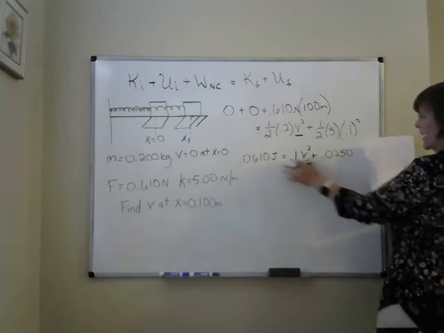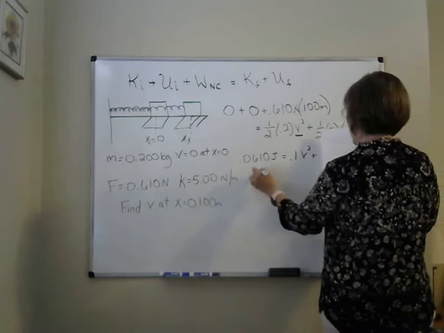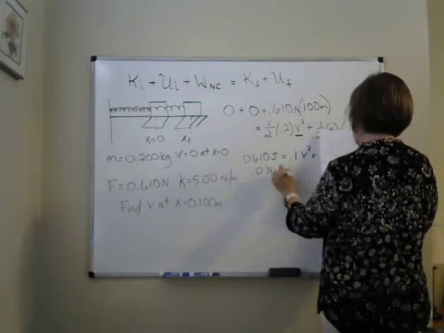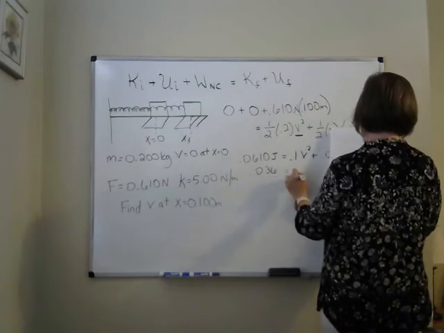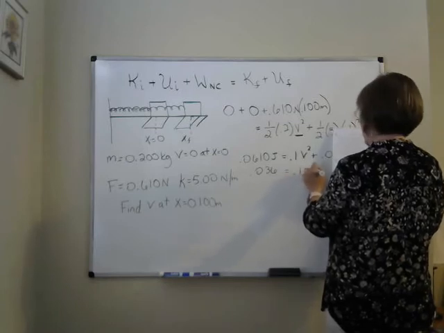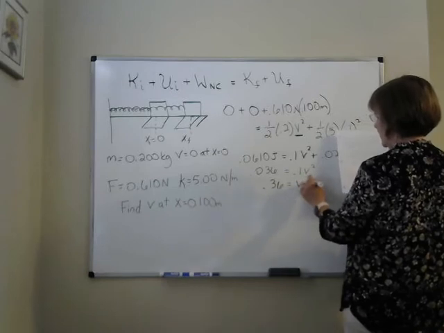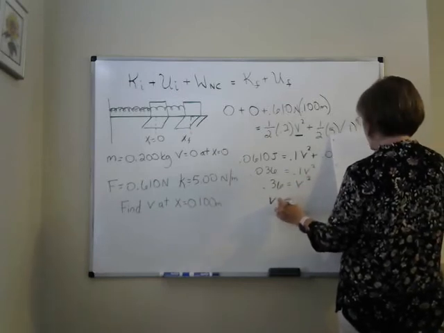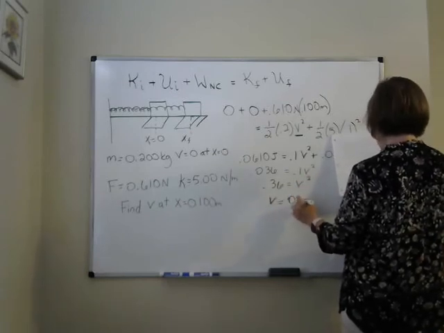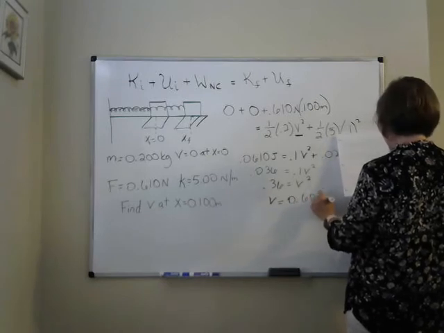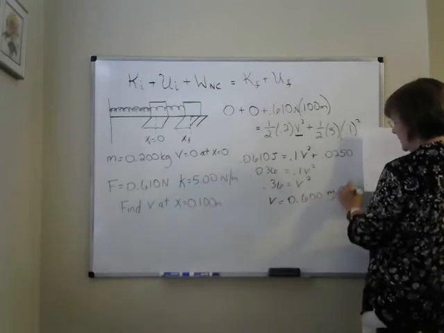If we subtract and we solve this, we get 0.036 has to equal 0.1 v squared. 0.36 has to equal v squared. So v equals 0.600 meters per second.